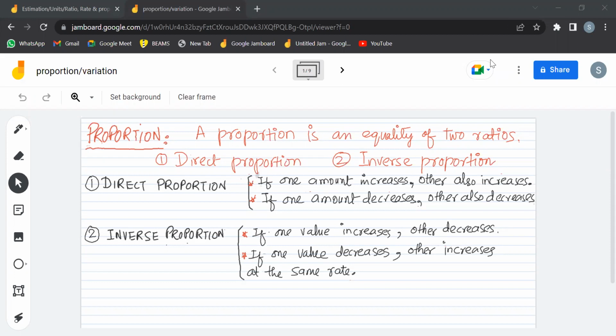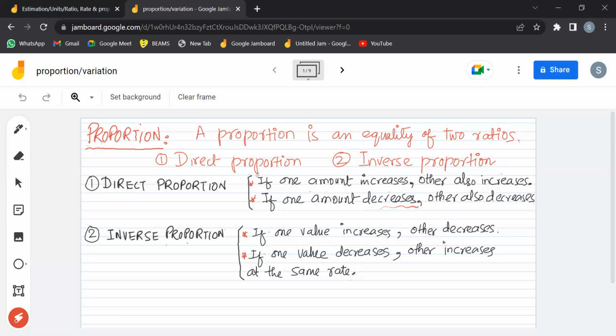So direct proportion: if one amount increases, the other also increases, and if one amount decreases, the other also decreases. This is for the direct proportion.